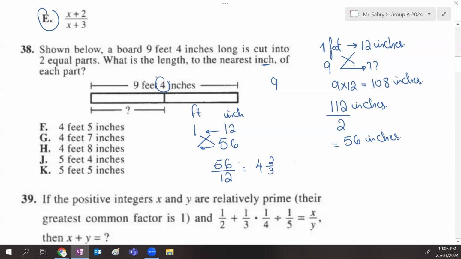So it's either 5 inches or 7 inches or 8 inches. So what we're going to do is figure out the rest: 4 feet and how many inches exactly. We'll take 2/3 and multiply it by 12, the number of inches in 1 foot. So 2/3 multiplied by 12 would get me 8. So this is a total of 4 feet, 8 inches. That's H.